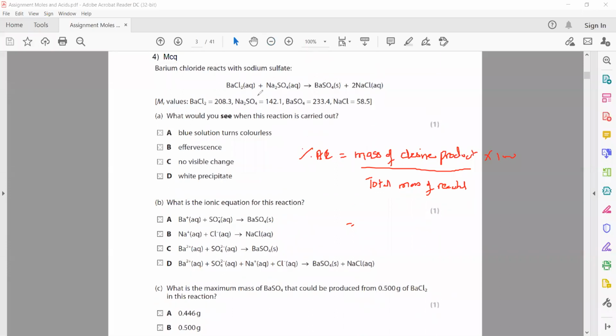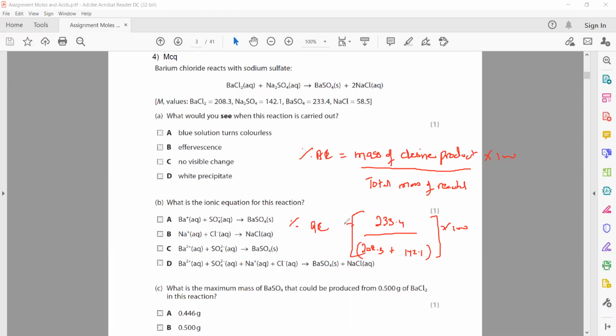So the mass of barium sulfate is 233.4, divided by the total mass of reactants, barium chloride plus sodium sulfate. Barium chloride is 208.3 plus sodium sulfate is 142.1, and that is multiplied by 100.